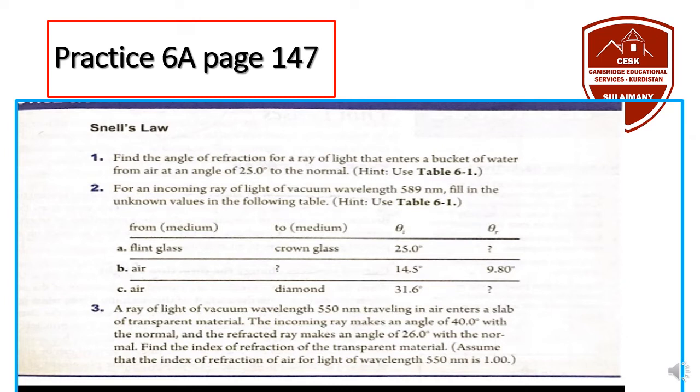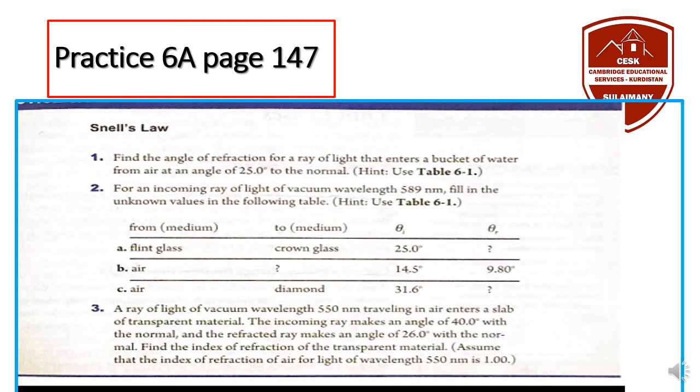Again, he said, find the index of refraction. So what is unknown? Index of refraction. The unknown is N2, which is transparent material. We don't know which type of material. So within Snell's law, you can find this transparent material. You can find N2.